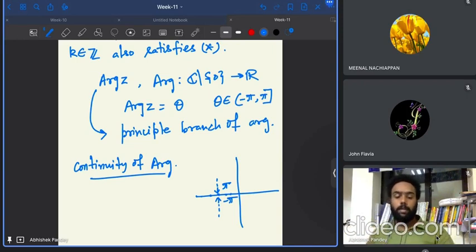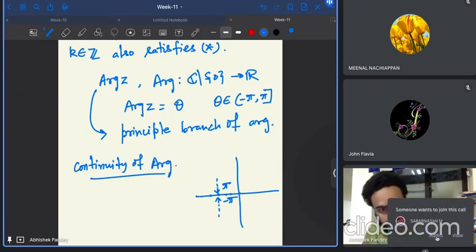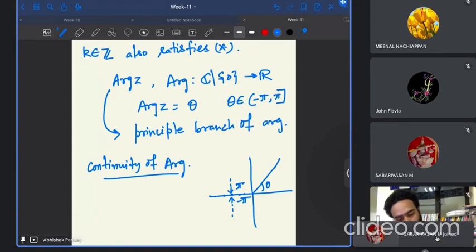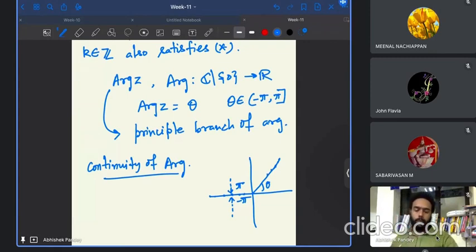Similarly, if you restrict your interval between 0 to 2 pi, then the positive real axis will be the point of discontinuity. If you take any line making theta angle, and you define the argument with interval theta to theta plus 2 pi, then this branch of arg will have discontinuity on this line.